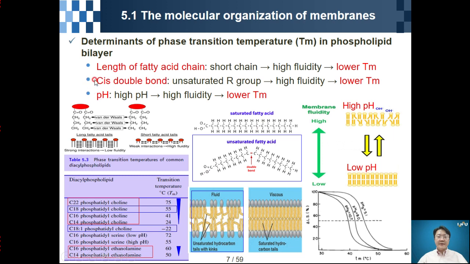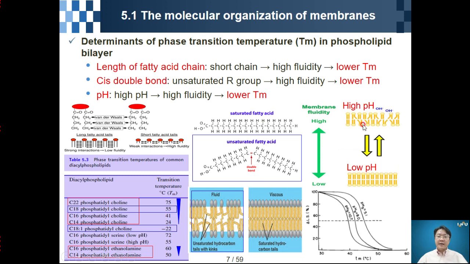How about pH? So pH is when they were in around pH 7, or when they were in pH 10. So when they were in high temperature, it means that in the environment there will be loss of OH minus group.